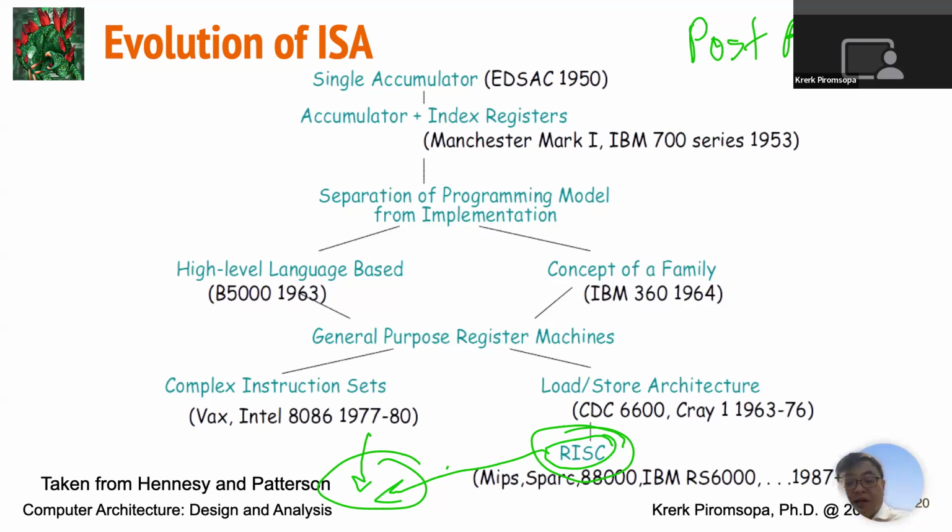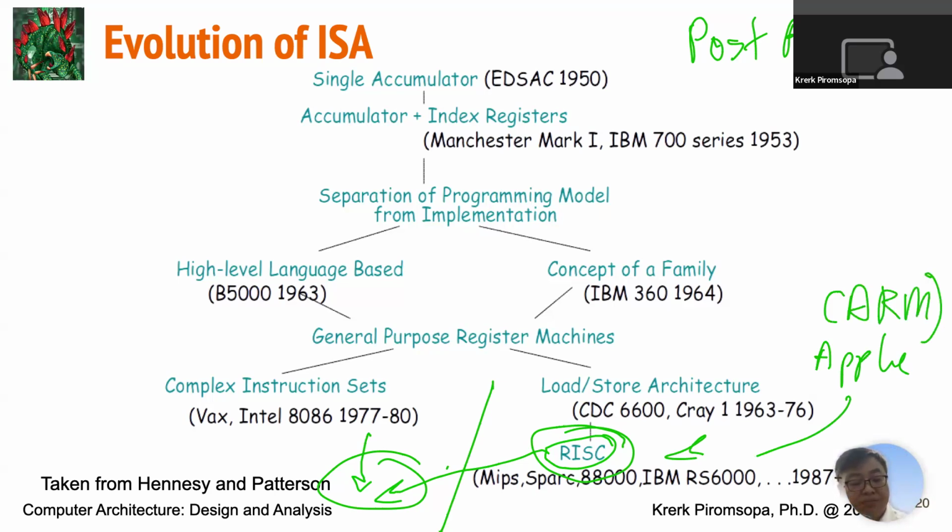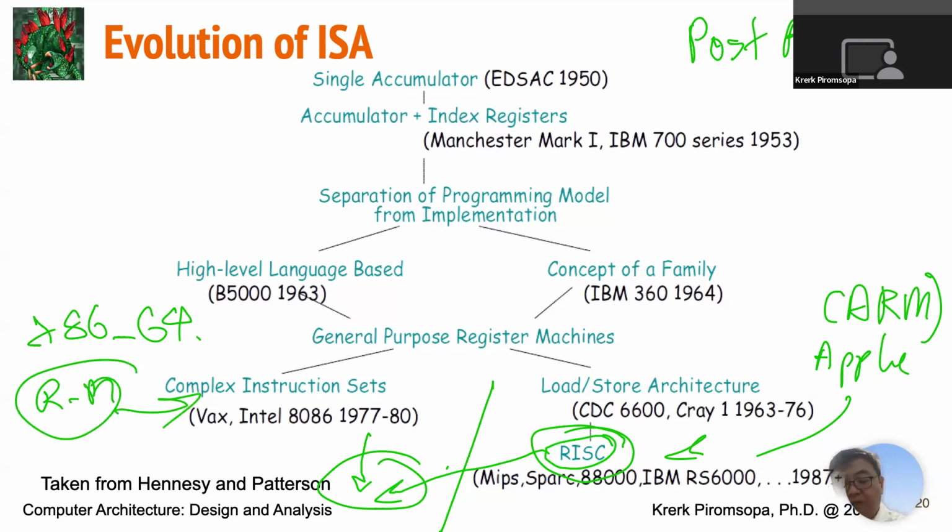If you look from the outside, this is the Apple machine, which is the RISC kind. It's based on the ARM instruction set architecture. But AMD from the outside is x86-64. Same for Intel. From the outside, it's a register memory machine, so we call it complex instruction set, in a sense.